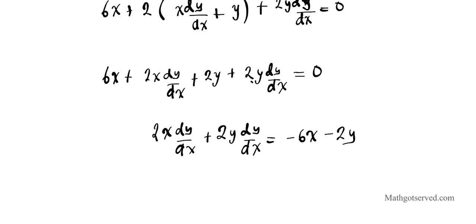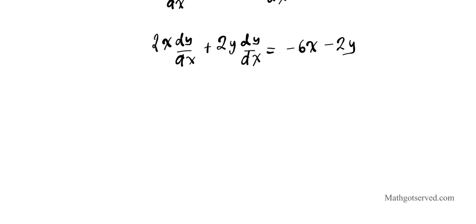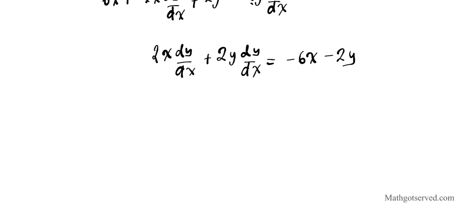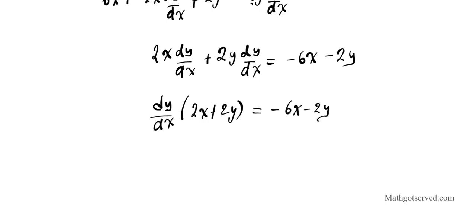So let's factor out the dy/dx on the left side here. If we do that, we're going to have dy/dx factored out times 2x plus 2y equals negative 6x minus 2y. So now what I'm going to do next is divide both sides by 2x plus 2y.